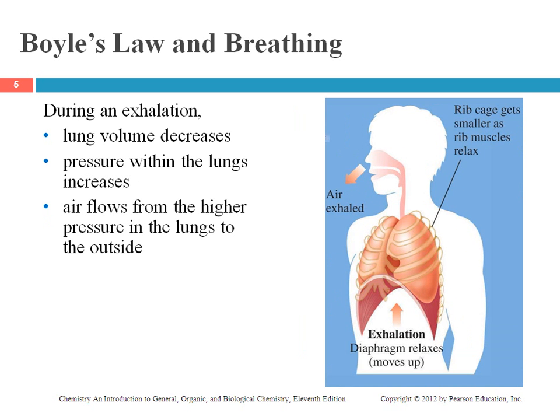When you exhale, the lung volume decreases, so the pressure within the lungs increases, and the airflow moves from the high pressure in the lungs to the outside. This is where your air is exhaled, and the rib cage gets smaller as the rib muscles relax.